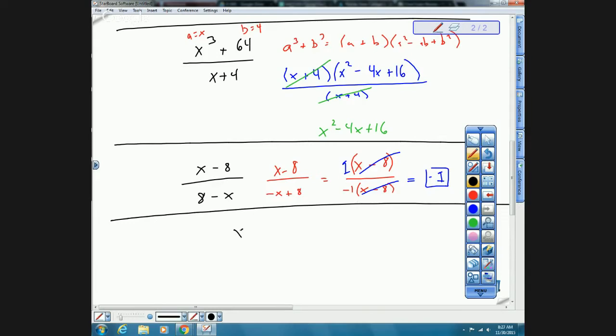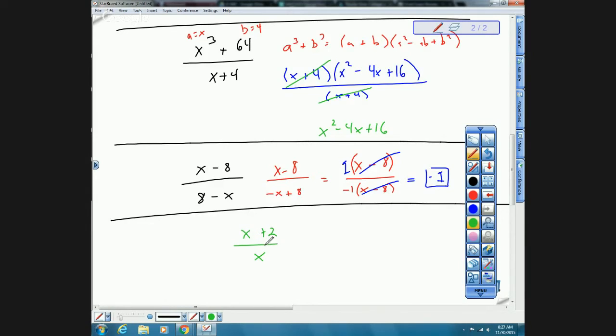One other thing I should say too: how many terms are in this problem right here? 3. Okay, there's 3 terms in here. How many have an x in it? 2. So I cannot just say that's my answer, because all three terms would have to have that same number to be able to pull it out. Okay?